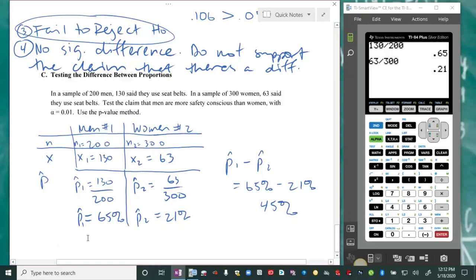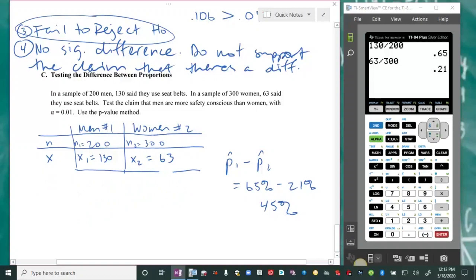So let's go ahead and do our test. I'm not going to have enough room, so let me erase this right here, because what we really need are those other values to put right into the calculator. Okay, and then we've got those sample percentages over there on the side. So step number 1, I need my hypotheses, very similar to the means, but this time they are proportions.